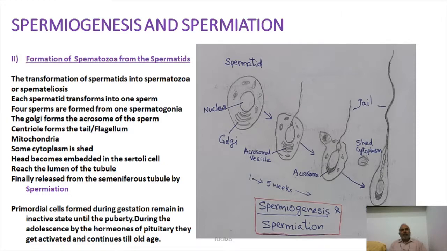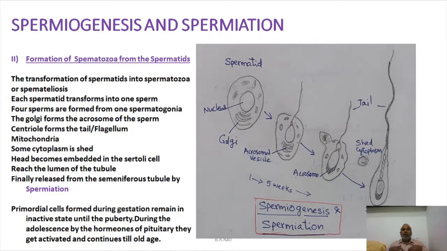During embryonic development, the gonads will receive some cells. These cells are called primordial germ cells. The primordial germ cells remain within the gonads and they don't divide by that time.